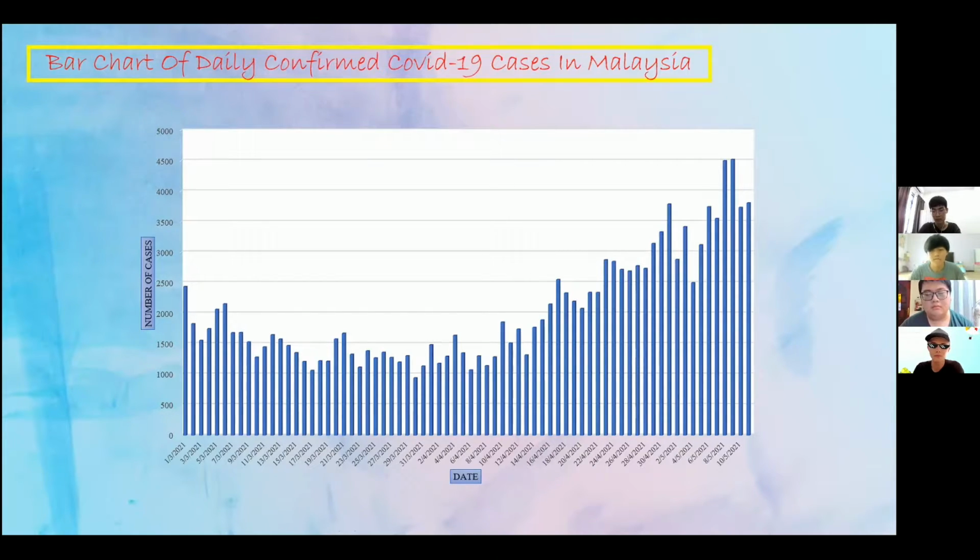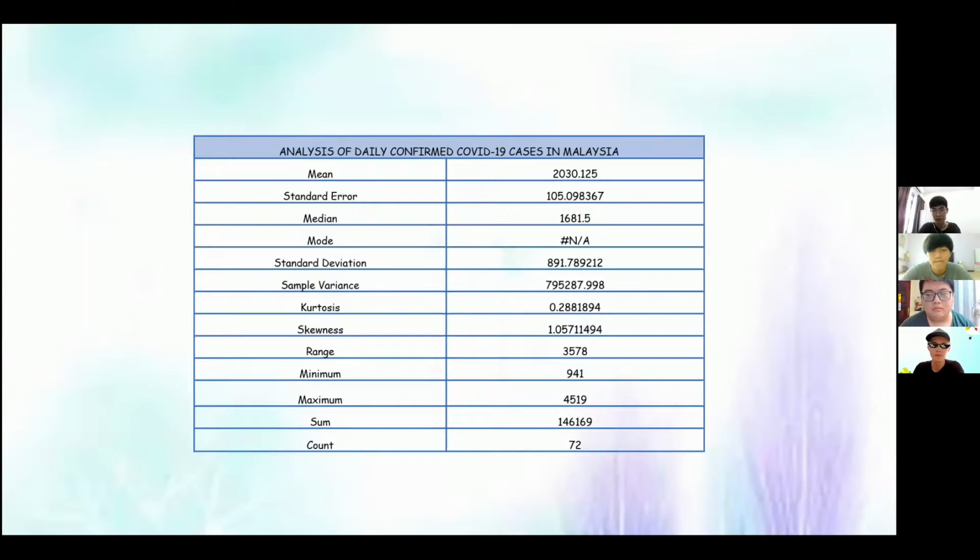Then, the mean of COVID-19 cases in Malaysia is 2030.125 and the standard error is 105.098367 and the median is 1681.5 and there is also no mode, and the standard deviation is 891.789212 and the sample variance is 798287.998.